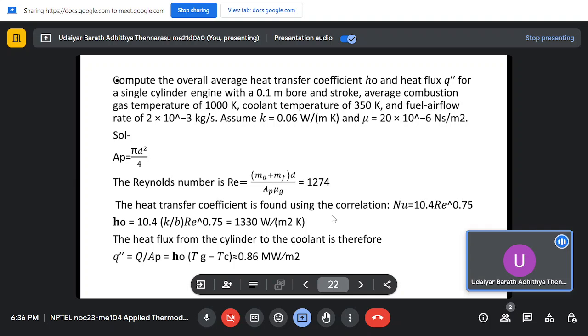On substituting that, we can find that the heat flux will be close to 0.86 megawatt per meter square. This is assuming that the wall temperature is at the coolant temperature, because we don't have any other parameter. So we assume the wall is at the coolant temperature, and we can find the heat flux with this relation. It will be close to that value.